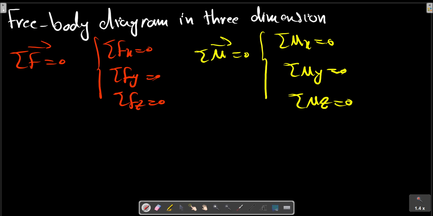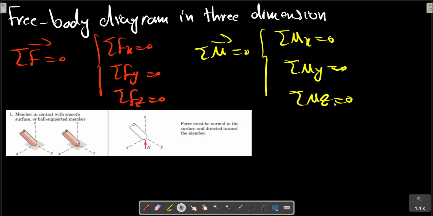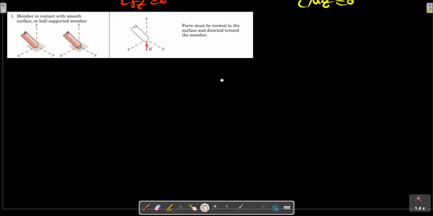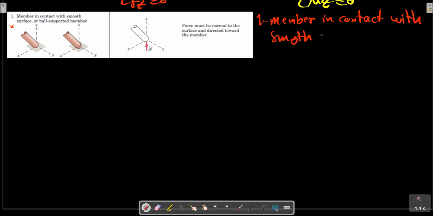Consider this picture as the first example of contact surface. Consider this member in contact with a smooth surface, or a ball supported member.